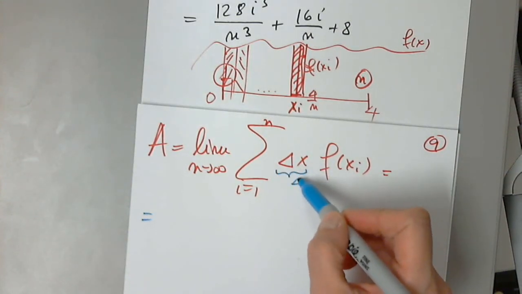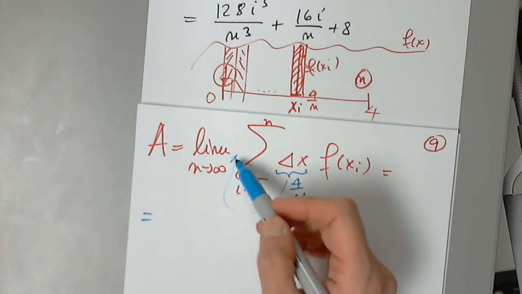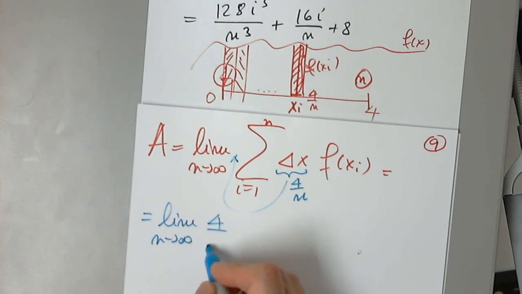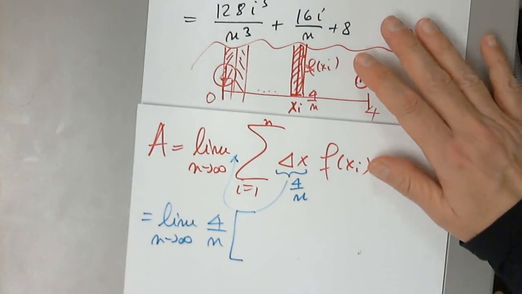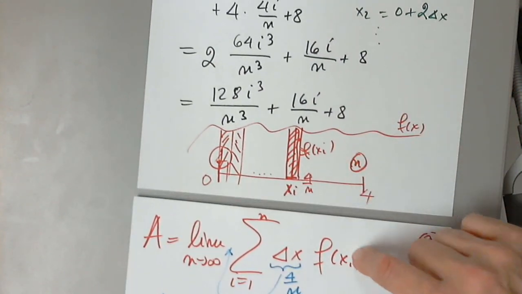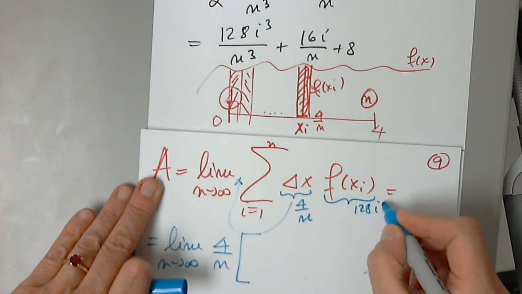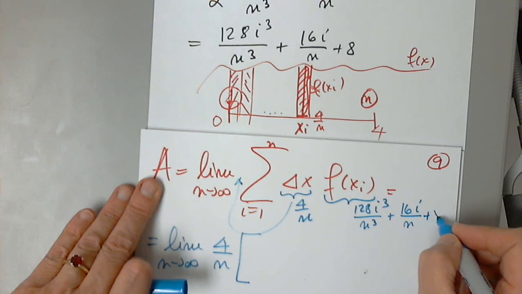We know that this is 4 over n, and it does not depend on i. It can go in front. So limit, n approaches infinity, 4 over n. Now, look at f of x_i. I'm going to write it here: 128i cubed over n cubed plus 16i over n plus 8.